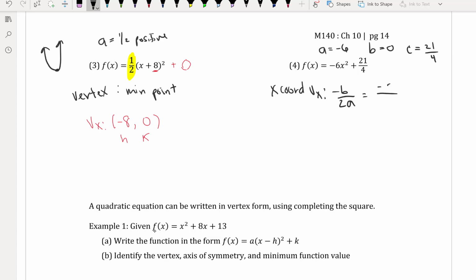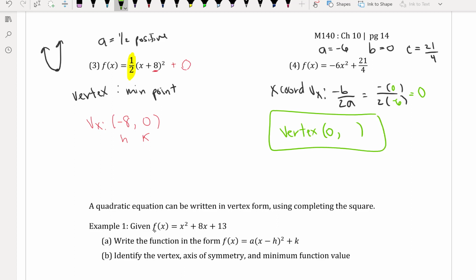So I'm going to have negative b value over 2 times my a. In this particular case, my b is equal to 0, and my a is equal to -6. But 0 divided by anything is just going to give me a 0. So I know that for my vertex, the x coordinate is 0. So now I just have to figure out what my y value is going to be.